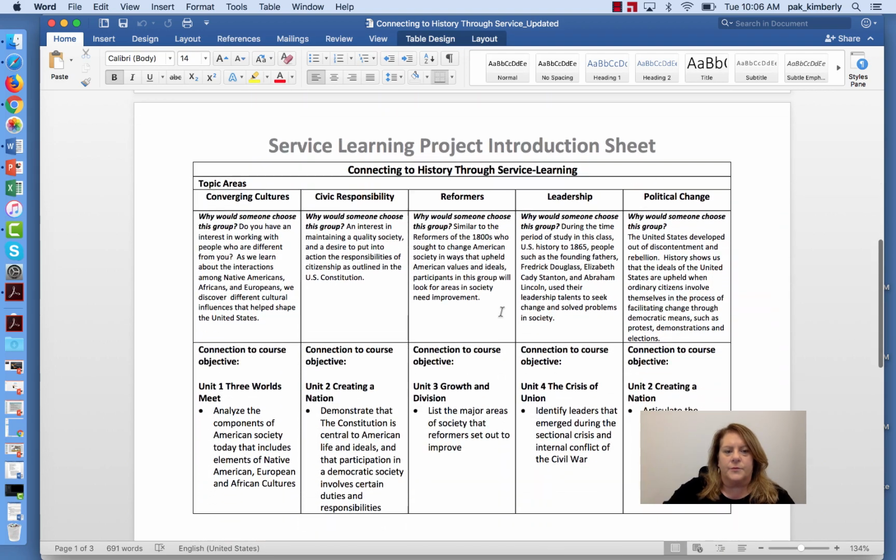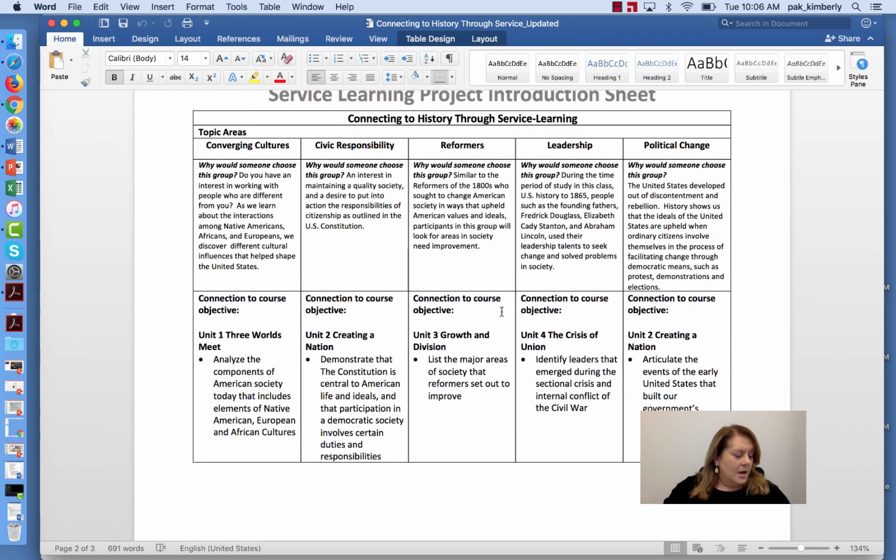So these are the groups. The first group is called Converging Cultures. We just studied that in our last week. Okay, so why would someone choose this group? Well, do you have an interest in working with people who are different from you? Okay, interested in learning about other cultures or maybe about other faiths, different religious organizations.